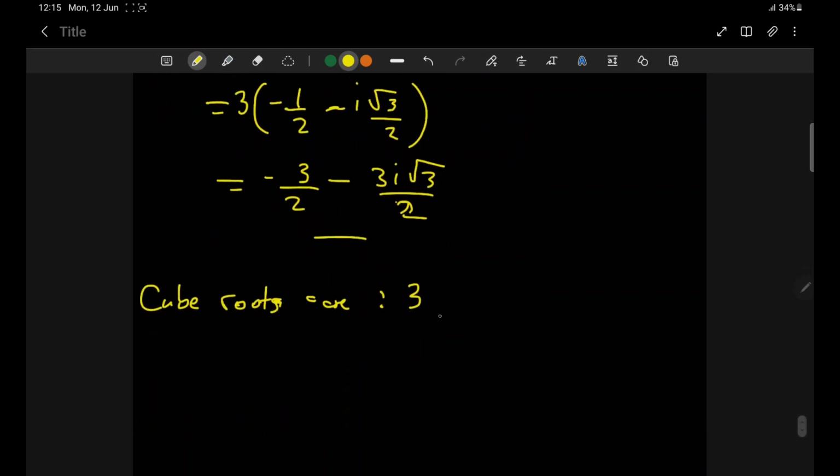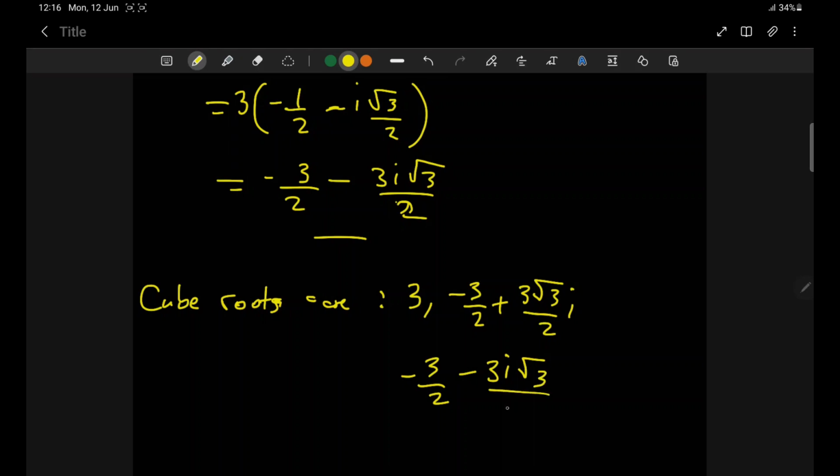The second one was negative 3 over 2 plus 3 root 3 over 2 i. And the last one is negative 3 over 2 minus 3i square root of 3 over 2. So that's how you find the nth roots using De Moivre's theorem. Let's look at another example for further understanding.